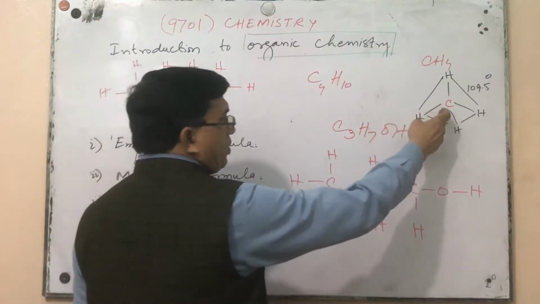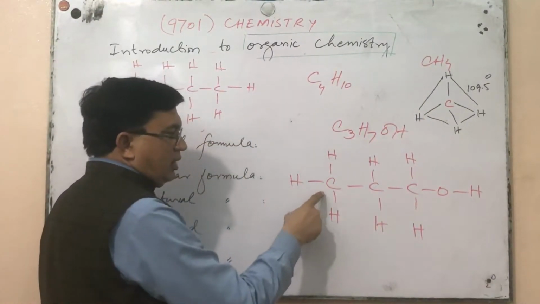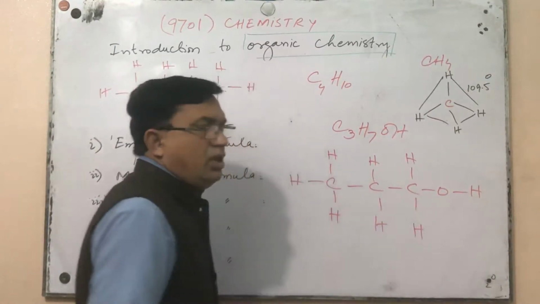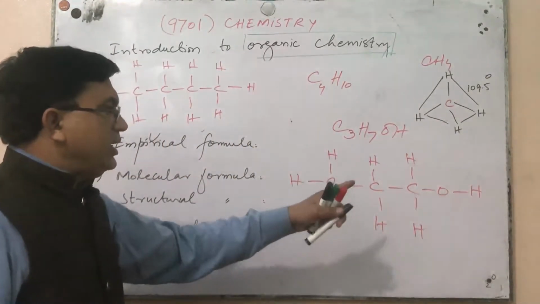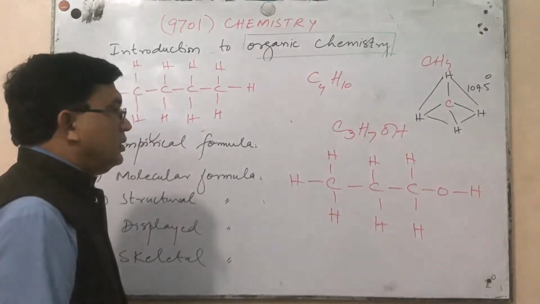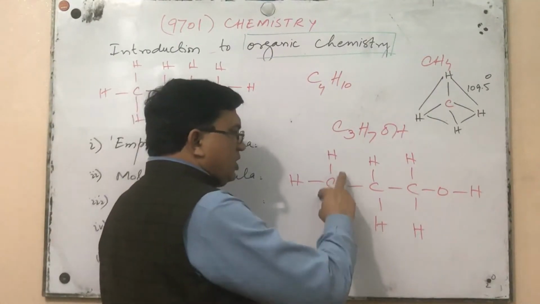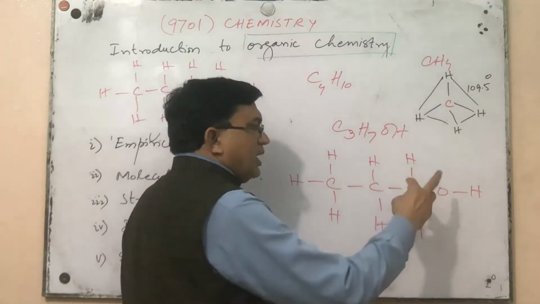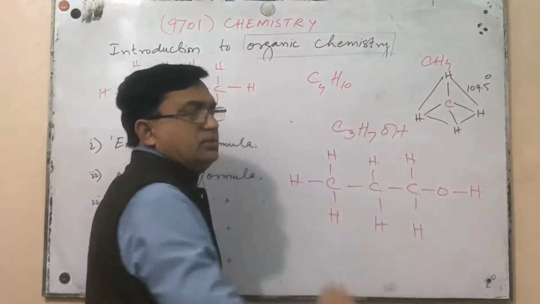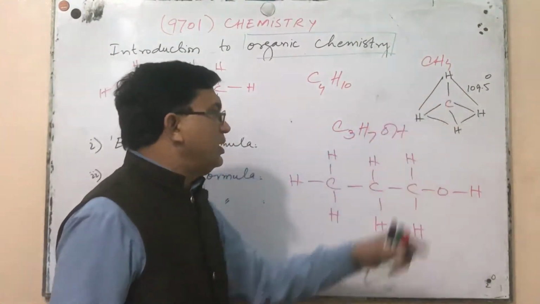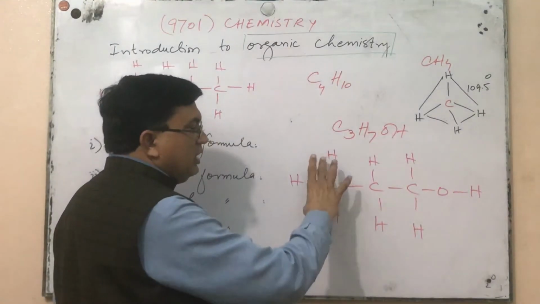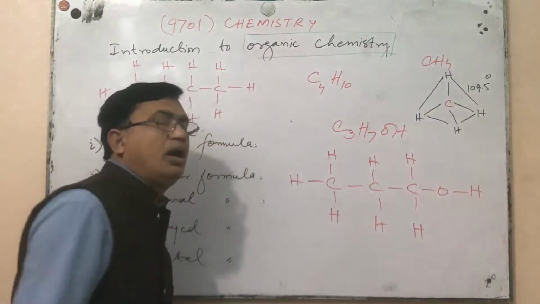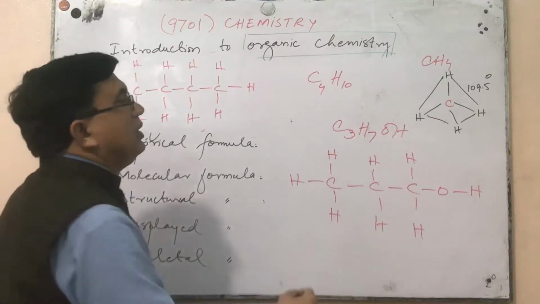Now, if we look at this molecule, all these three carbons are forming single covalent bonds. As each carbon behaves as a tetrahedral structure, as I have represented here, it is not possible to develop a straight chain of carbon atoms. What will happen?